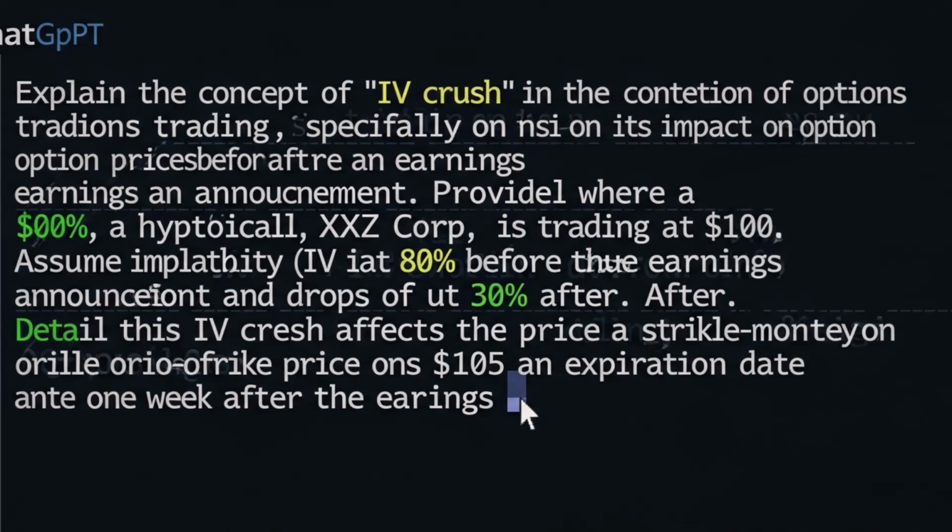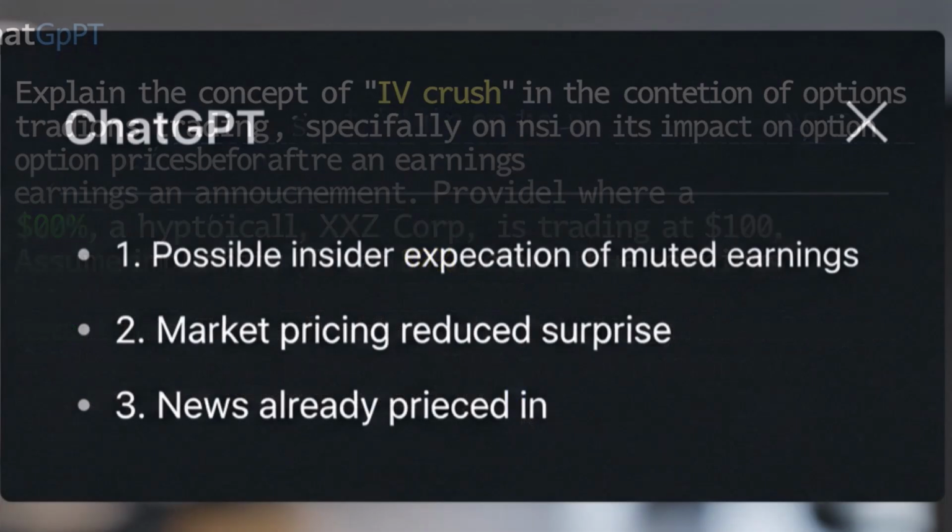"Earnings are scheduled for this Thursday. IV on all near-term options fell from 92% to 65% in 24 hours. What are potential reasons for a pre-earnings IV crush, and how should this be interpreted?"